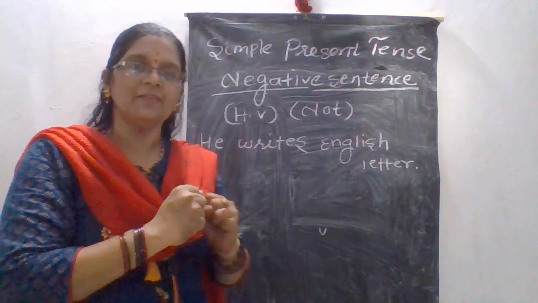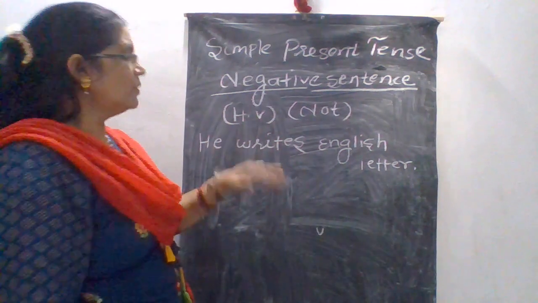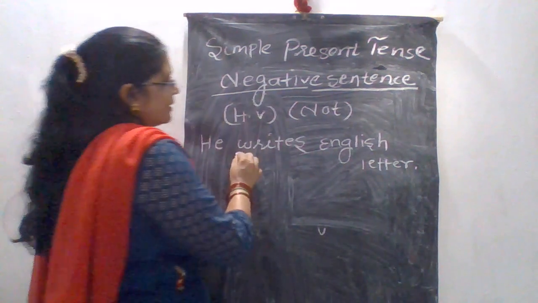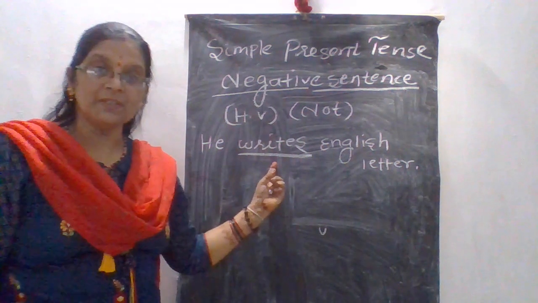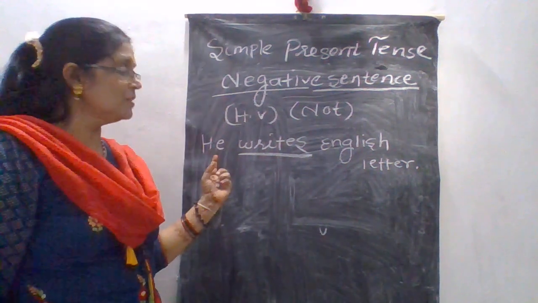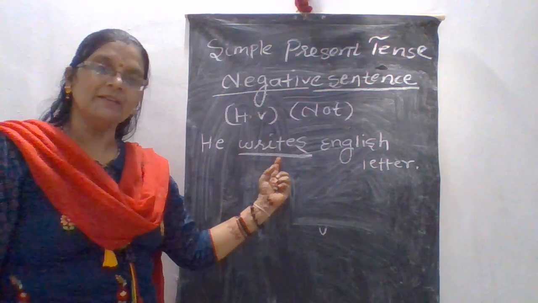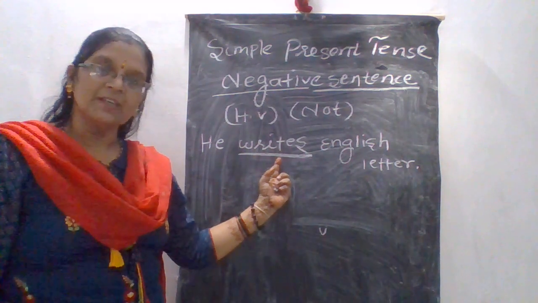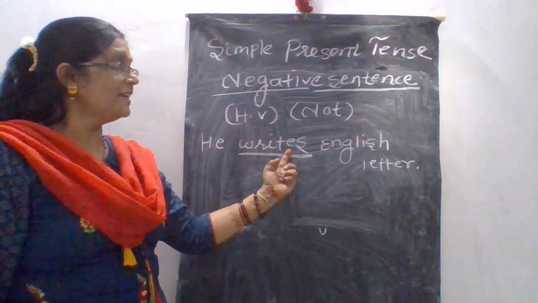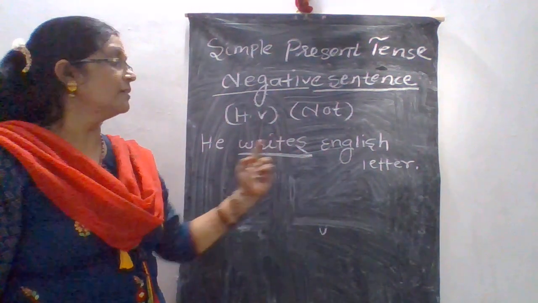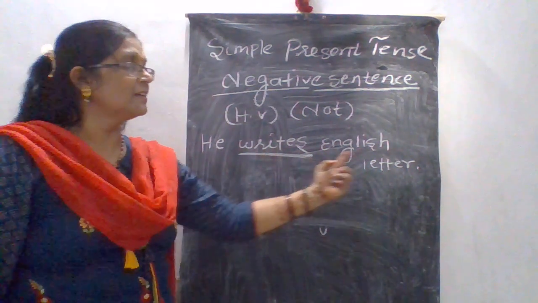So directly focus on the verb. What is the verb here? Writes. But as we learned, if the subject is singular, we have to add s or es to the verb. So they have added. He writes English later.